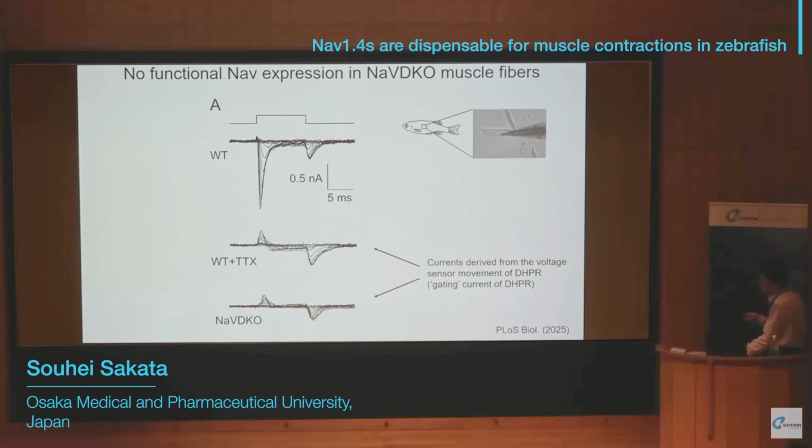These currents are reported to be derived from voltage sensor movement of the dihydropyridine receptor, the so-called gating current of DHPR. How about the knockout fish? Even in the absence of TTX, we recorded this current. This is similar to this one. So this means the sodium current is completely gone in the knockout fish.